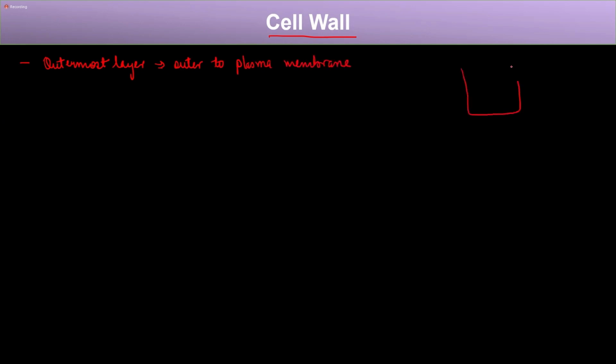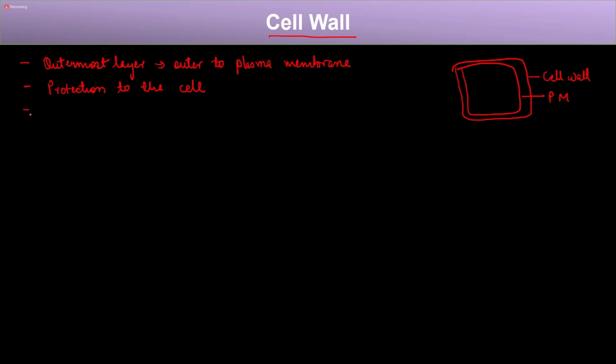So you have this plasma membrane, and then outer to the plasma membrane there is another layer that is called the cell wall, and this is the plasma membrane. Now, what does this cell wall do? It provides protection to the cell. There are various other functions of the cell wall that we'll see later.